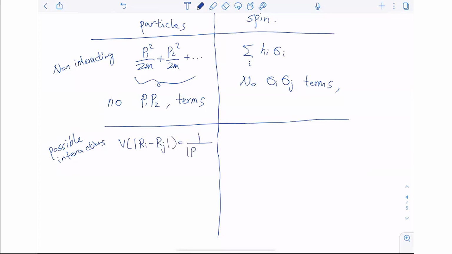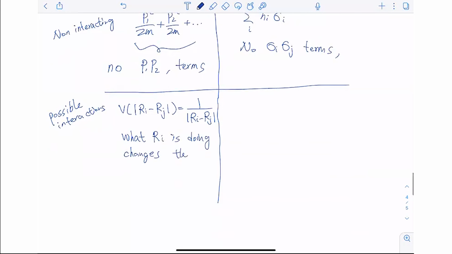For example, maybe they have some kind of Coulomb potential. So basically, it tells us that what Ri is doing changes the behavior of Rj by the interaction V. So it's interacting.